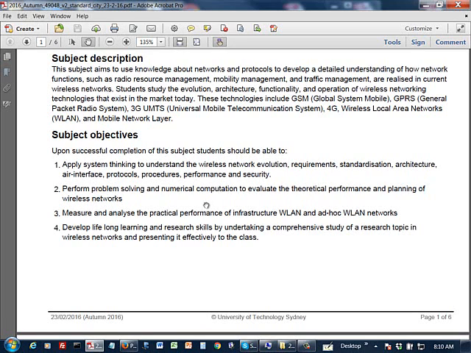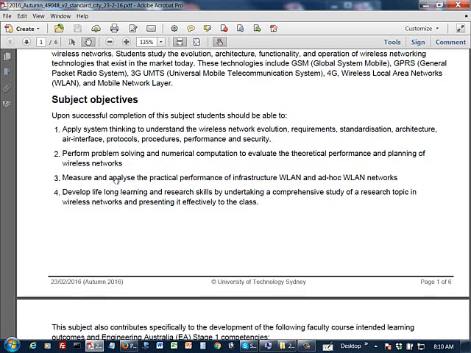And most importantly, the most important interface is the interface in all of these protocols. So how does that work? What are the protocols that are used throughout the networks and procedures, performance of the network, as well as some aspects of security of the system. You should also be able to perform some problem solving activities to evaluate the performance and planning of these networks.